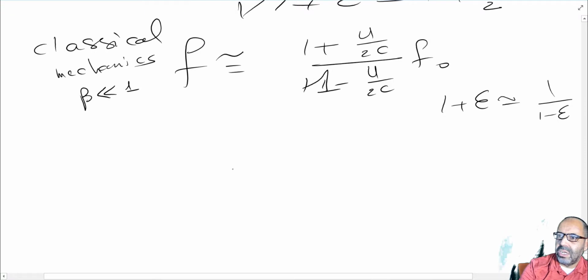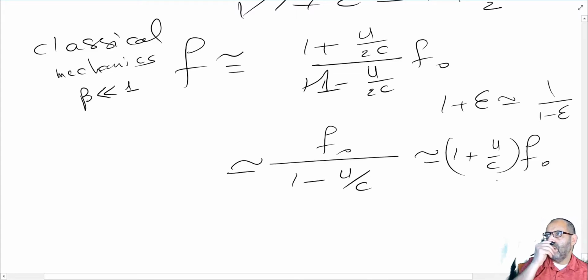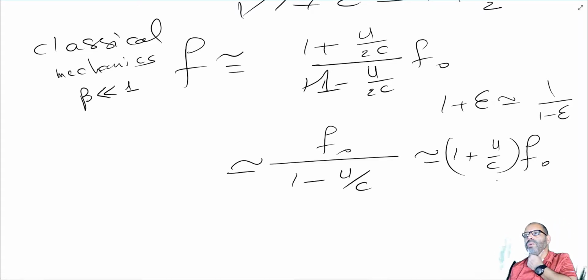So if I do the Taylor series one way or the other, it's going to end up either being f naught over 1 minus u over c, or if you wish, 1 plus u over c times f naught. In either case, that's basically the expression that we will end up with. And this is identical to what we do when we're doing classical mechanics, fixing the observer not moving and requiring that the source moves with a velocity u.